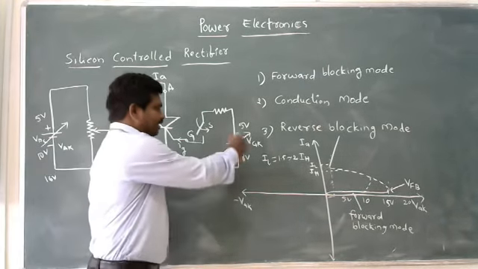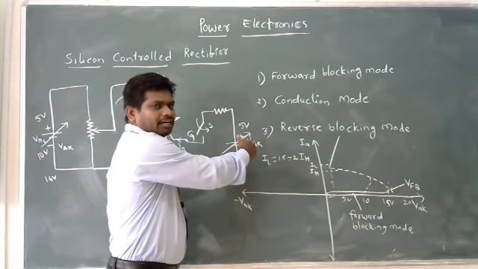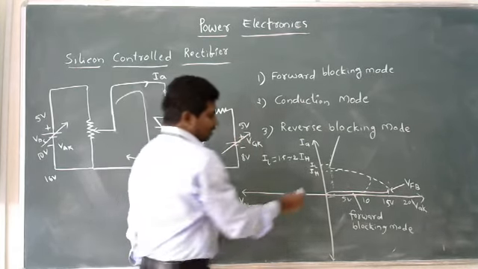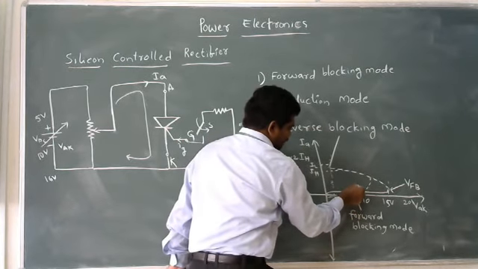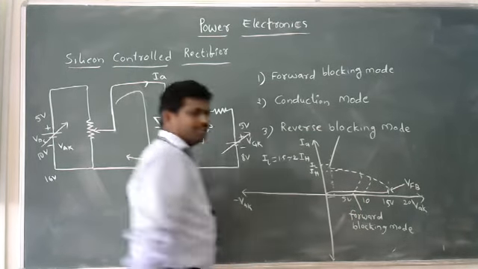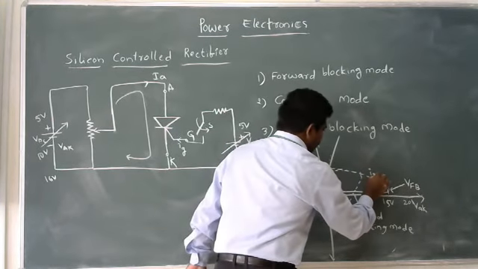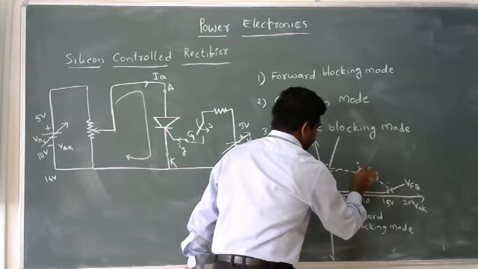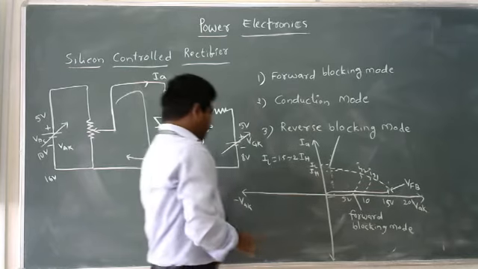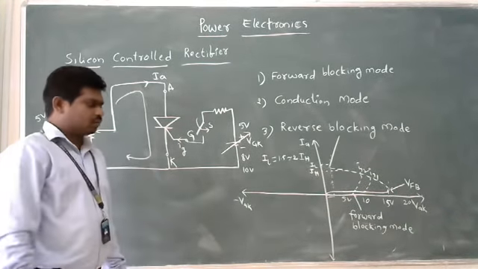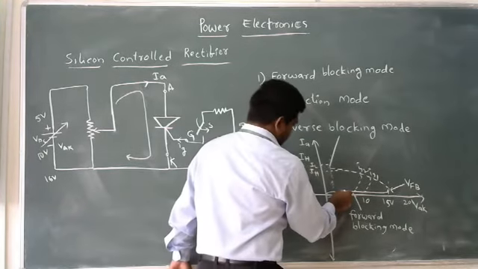When I increase the RPS, the regulated power supply value, it reaches 8 and comes to the conduction state earlier than the previous condition. I can call this one IG1 and this one IG2. Then further, suppose I increase to 10 volt, then it comes like this.